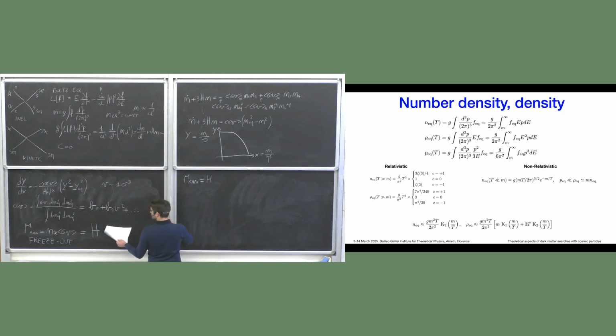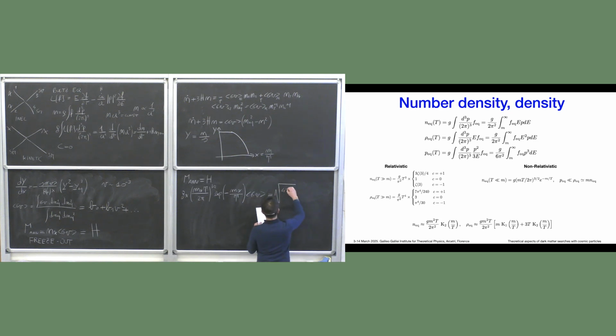So we can write the annihilation rate as the dark matter density, the dark matter density when dark matter is non-relativistic. And this should be equal to the Hubble rate, or the Hubble constant.